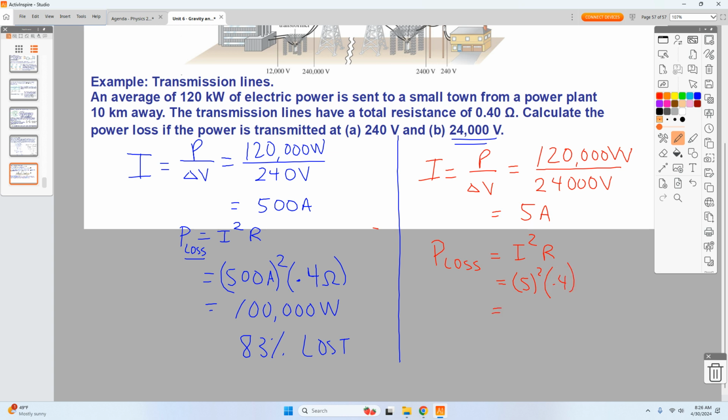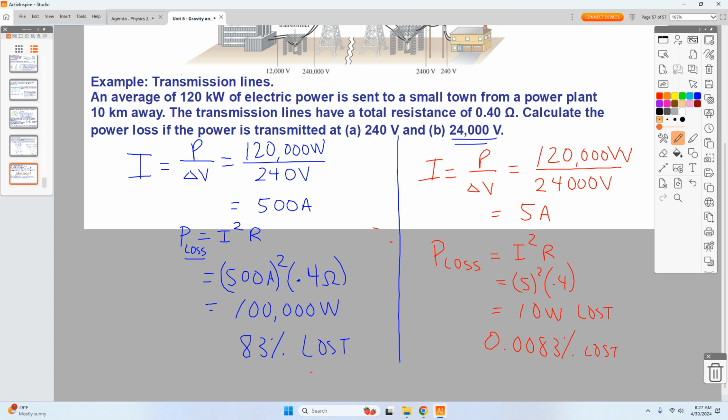And the amount of power loss I get now is 10 watts lost. I'm transmitting 120,000 watts of power and I lose 10 watts. You think I can live with that? As a percentage, that would be 0.0083% lost.